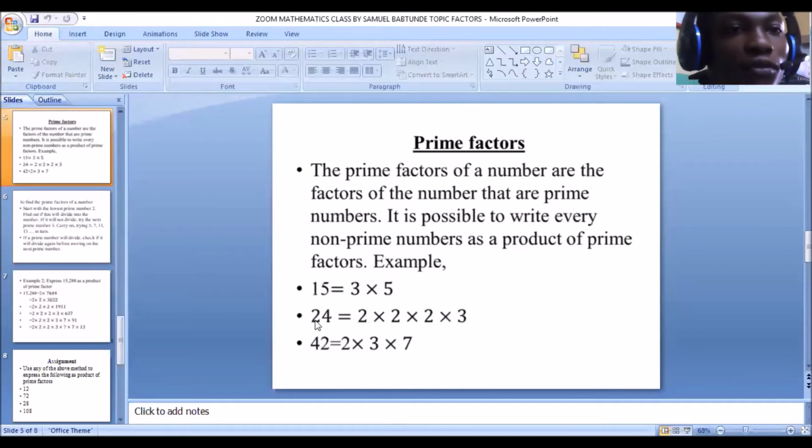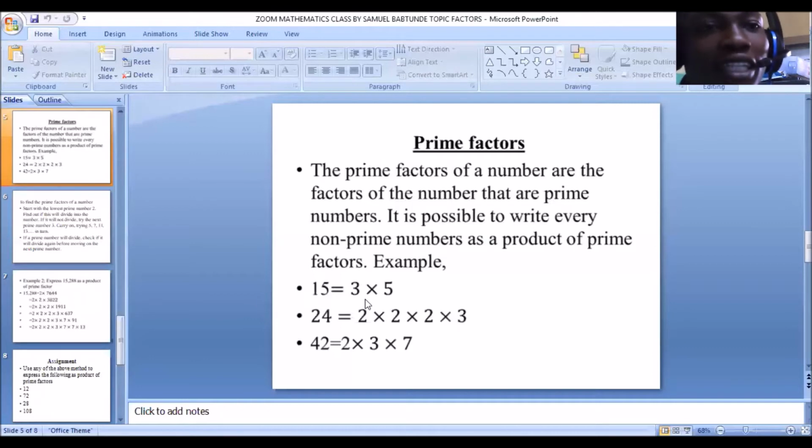I picked 24. Factors of 24 include 1, 2, 3, 4, 6, 8, 12, and then 24 itself. Now, out of all these, which of these factors are prime numbers? For us to get the prime factors of 24, we have to look for the prime numbers among all these factors.